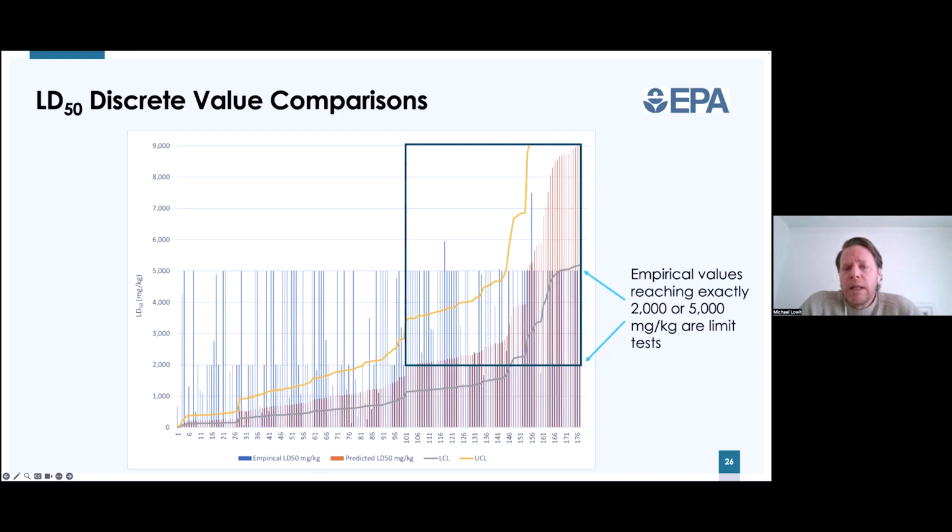The yellow and gray lines show the 95% confidence intervals around those CAPMOS predictions. Paired to each of those CAPMOS predictions is the in vivo LD50 value shown by the blue bar. In those cases, non-definitive LD50 values at either 2,000 or 5,000 milligrams per kilogram body weight are shown as a definitive value on the plot.